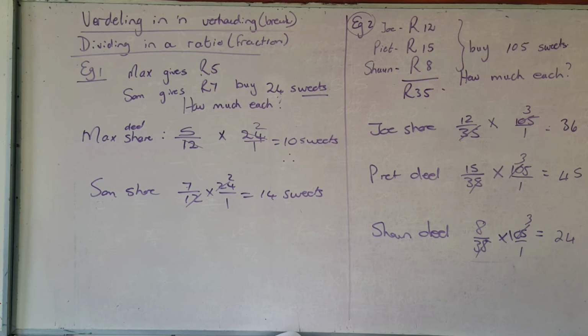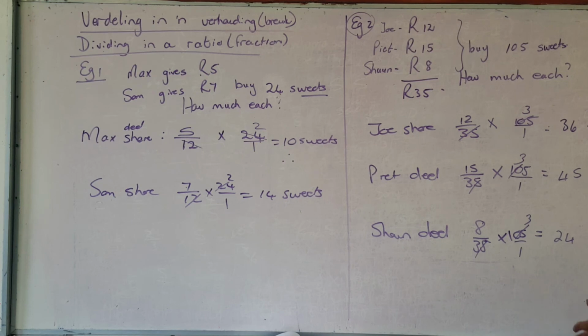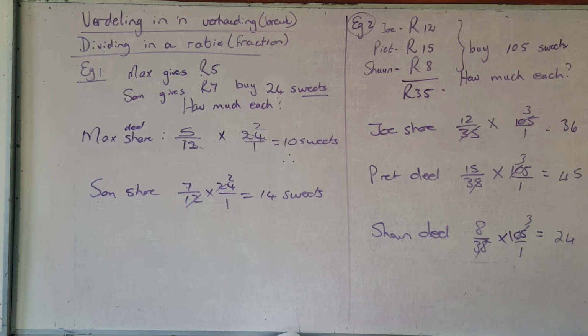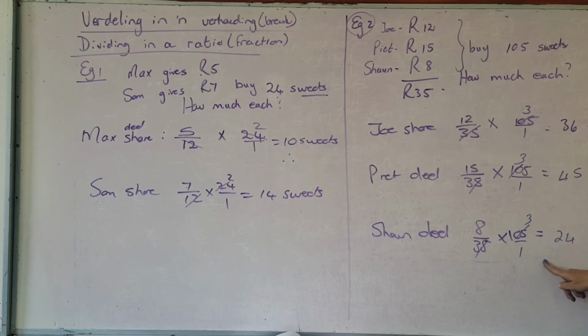So as ek vir jou sê ek verdeel dit in hierdie selfde ding, dus the logical or the correct way, fair way, die regverdige manier is, iemand wat meer gegee het, kry die meeste. So he should be getting the most. Yes, he is getting the most. He should be getting the least, and he's getting the least sweets. And if you add them up, this must all add up to 105. Otherwise, if there's some left, then you didn't share correctly.